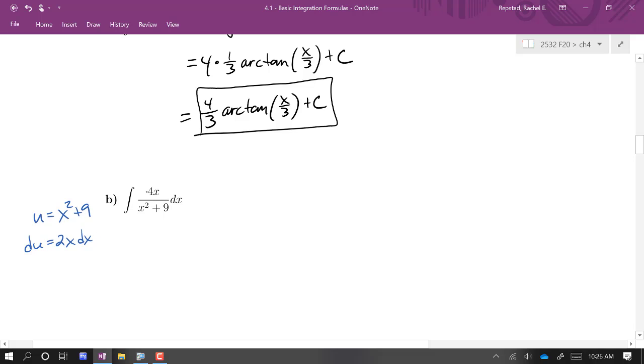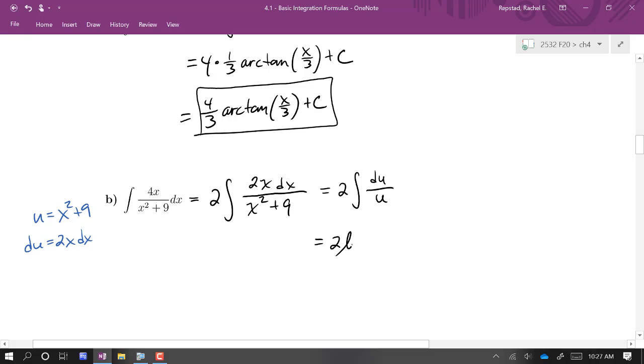What we have here is a 4x, so I'm going to pull out a factor of 2. If I pull out a factor of 2, then what we're left with is 2x dx up top over x squared plus 9. And now if I make the substitution, writing it with u's, this is 2 times the integral du over u, and that's the ln form.